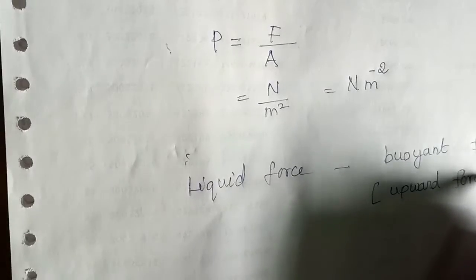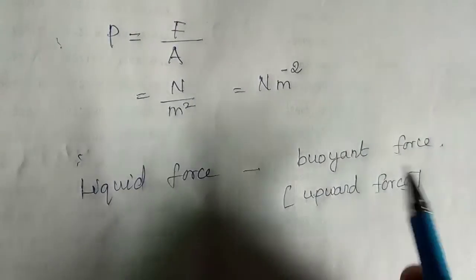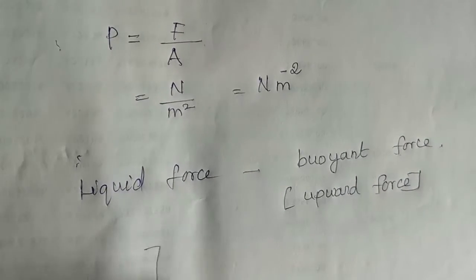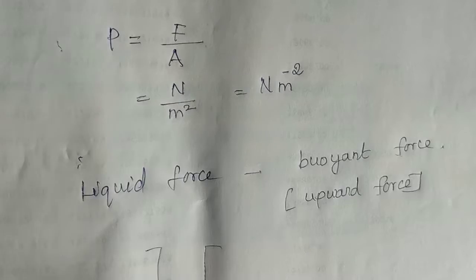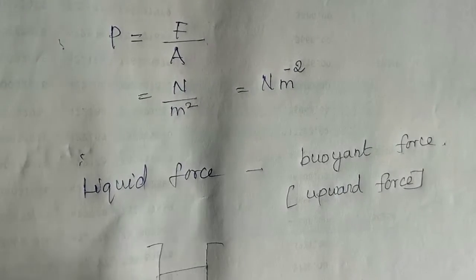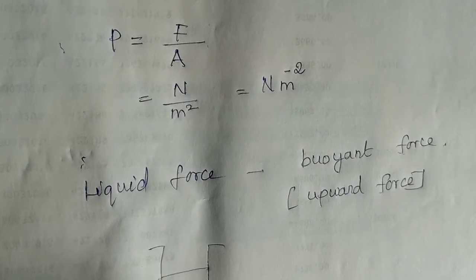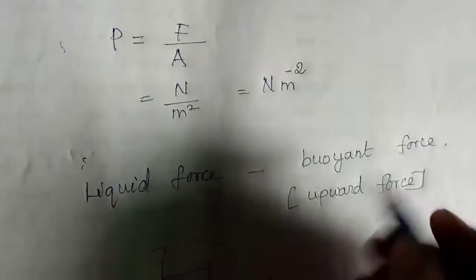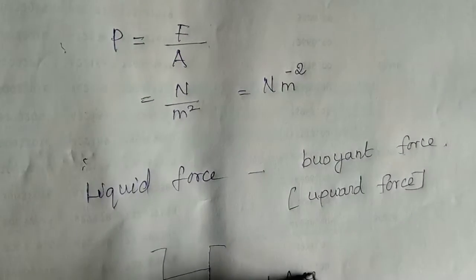All liquids exert some upward force. For example, if you take a liquid in a beaker, this liquid is exerting some upward force. This upward force we call a buoyant force.